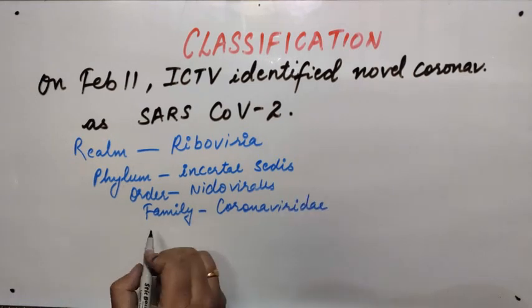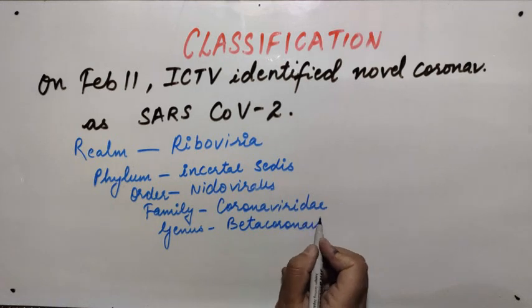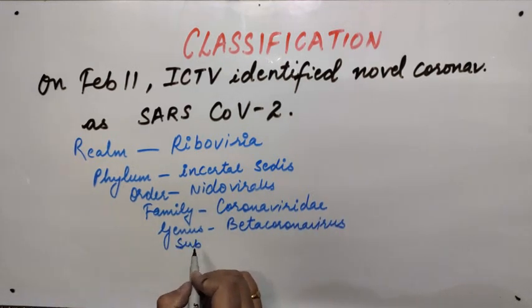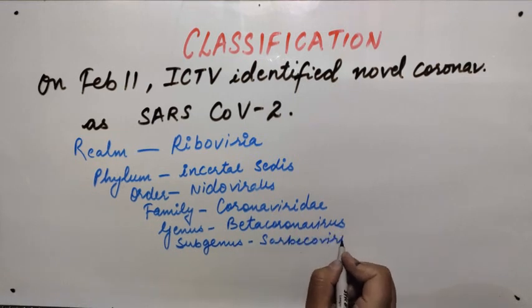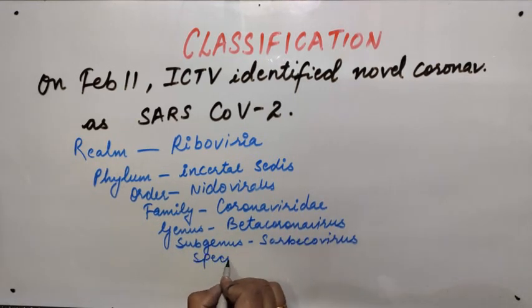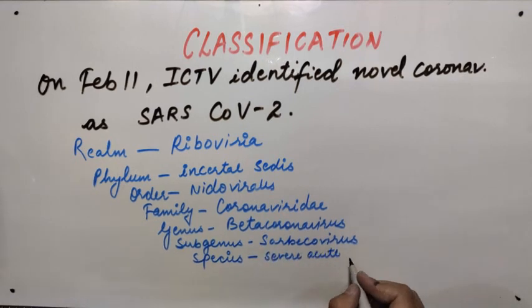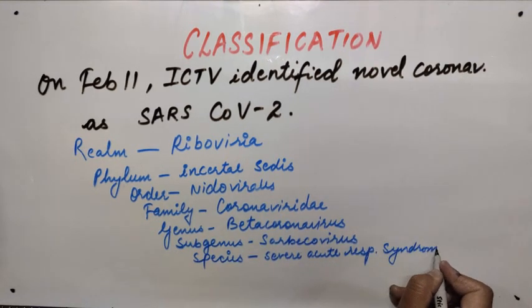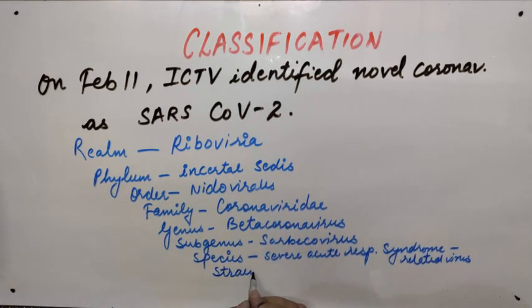Genus is Betacoronavirus. Subgenus is Sarbecovirus. Species is severe acute respiratory syndrome related coronavirus. And the strain is severe acute respiratory syndrome coronavirus 2.